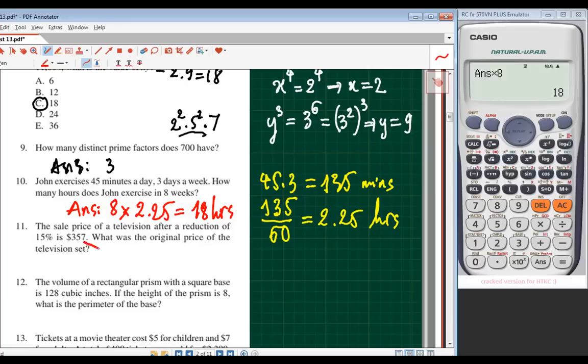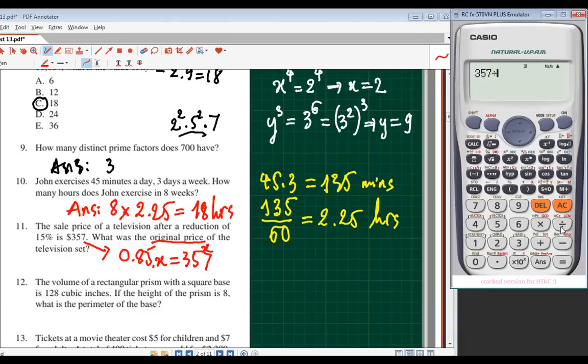This means we have 0.85 times the original price, which we put as variable x, equal 357, and the final result is 357 divided by 0.85. It is 420.